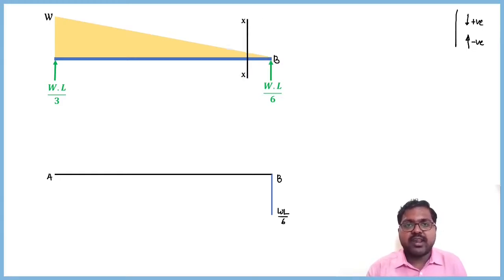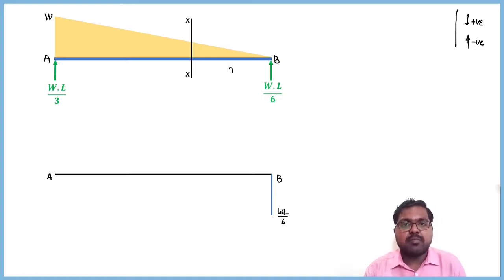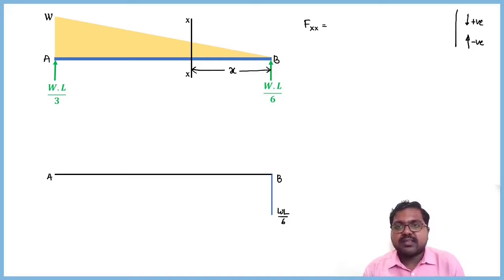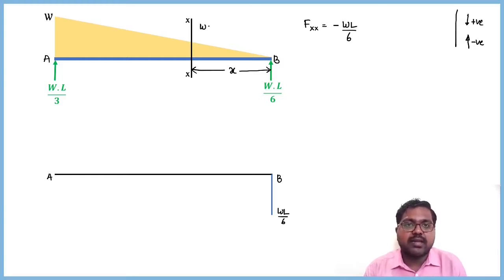Then I am going somewhere in between A and B. I am taking the section in between A and B. I want to create a generalized equation here. So shear force at section XX will be equal to WL by 6, which is acting upward, so minus WL by 6, and the small area of the triangle where base is x and height we can find from interpolation like W minus 0 by L into x.